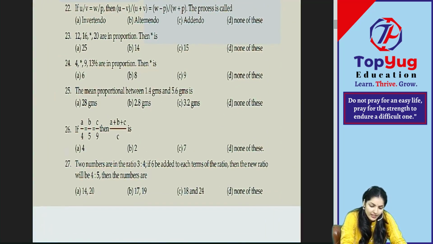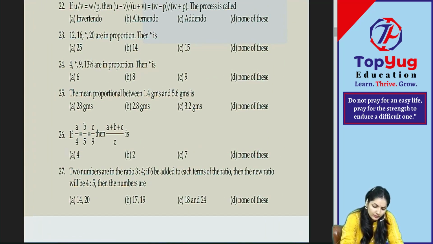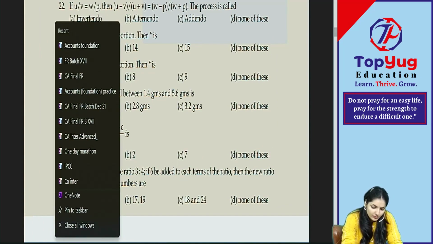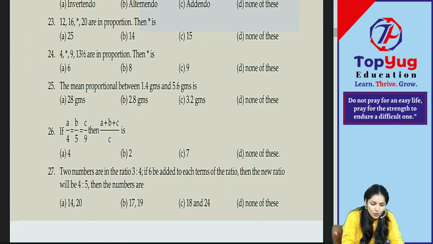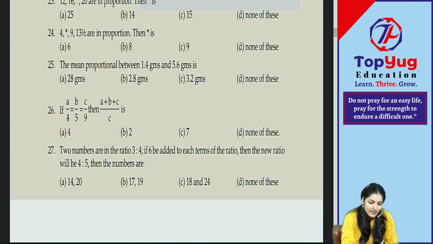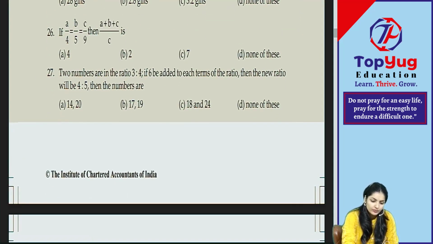So which one are we on? 26 answer is 2. You have to just substitute it. 27th. Two numbers are in the ratio 3:4. So that is case 1. Then case 2 is you have to add 6 to each and every number and check the ratio again. It has to be 4:5. So that will become your case 2.